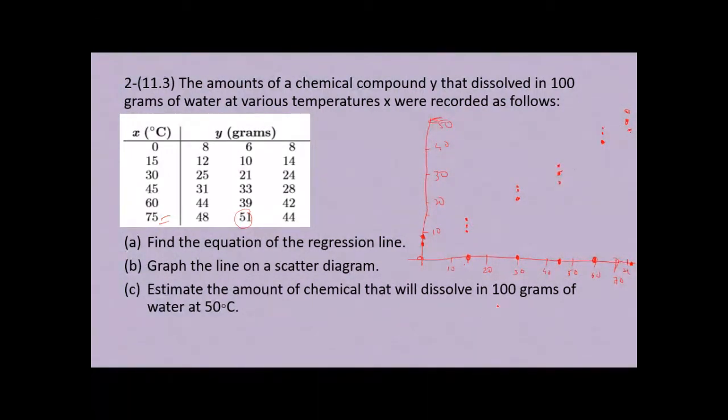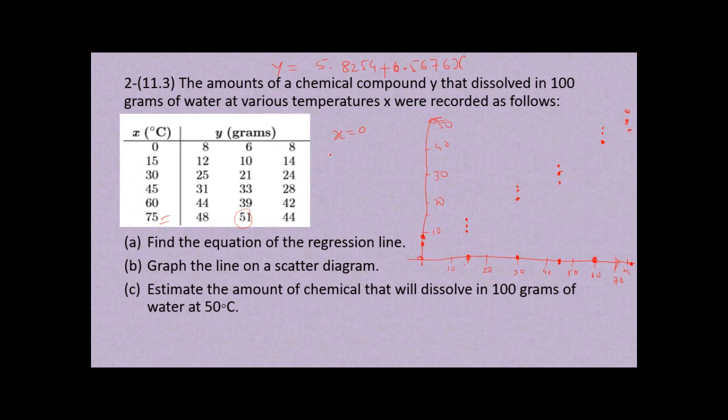It's going this way. Now how to fit the data, how to fit the straight line. What is the straight line? Y is equal to 5.8254 plus 0.5676 times x.